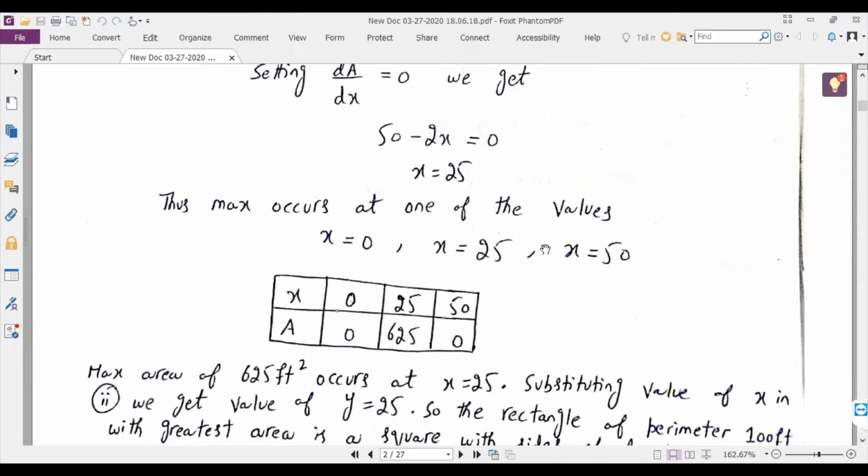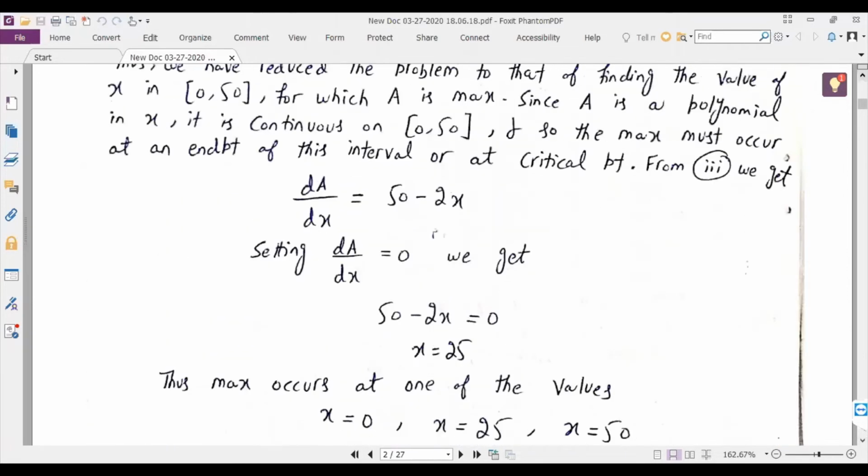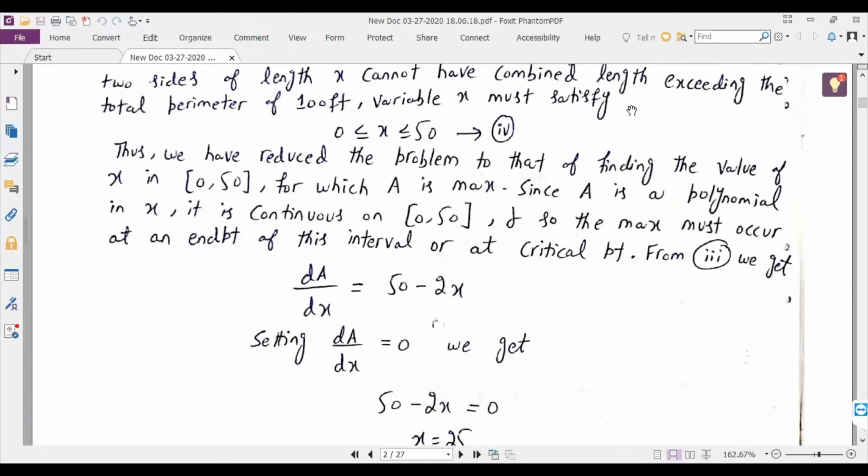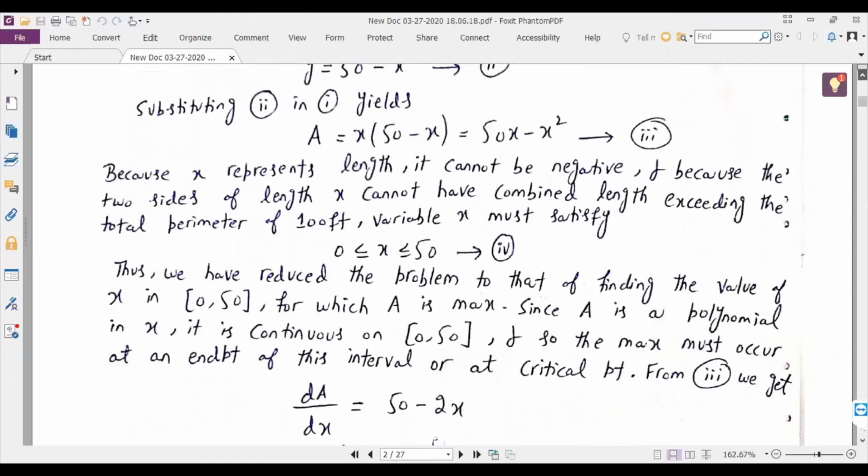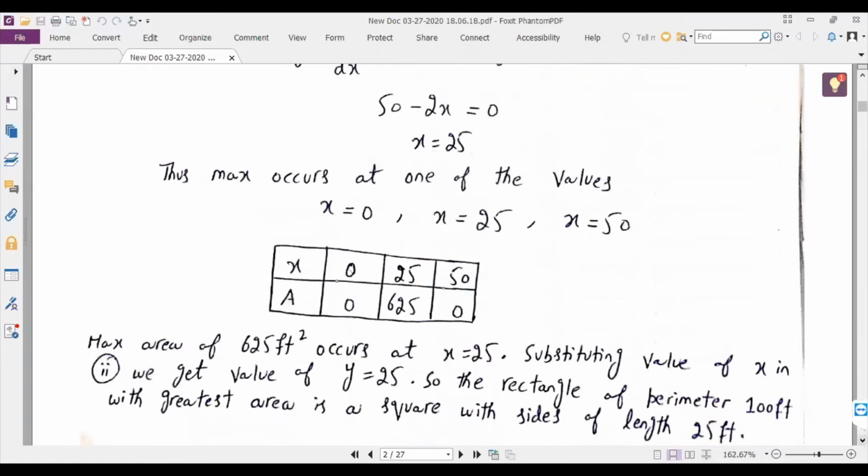Now substituting different values of x in equation 3, which is basically 50x - x², we get different values of area. When x = 0, the area is 0. When x = 25, the area is 625.